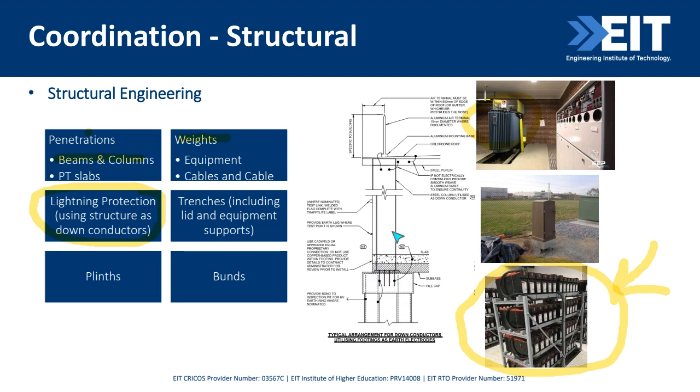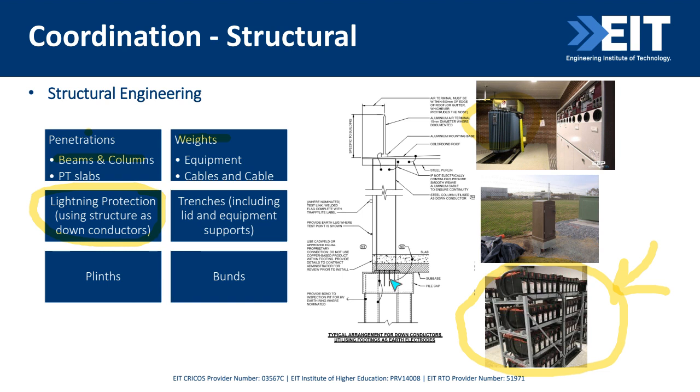So often for lightning protection, we use the building as part of the lightning protection system, if it's metallic. But to do so, it needs to be connected together. So we need to coordinate with our structural engineers to see if our structure can be used in the first instance. And if it is, we need to make sure that all our bonding is done in their design.